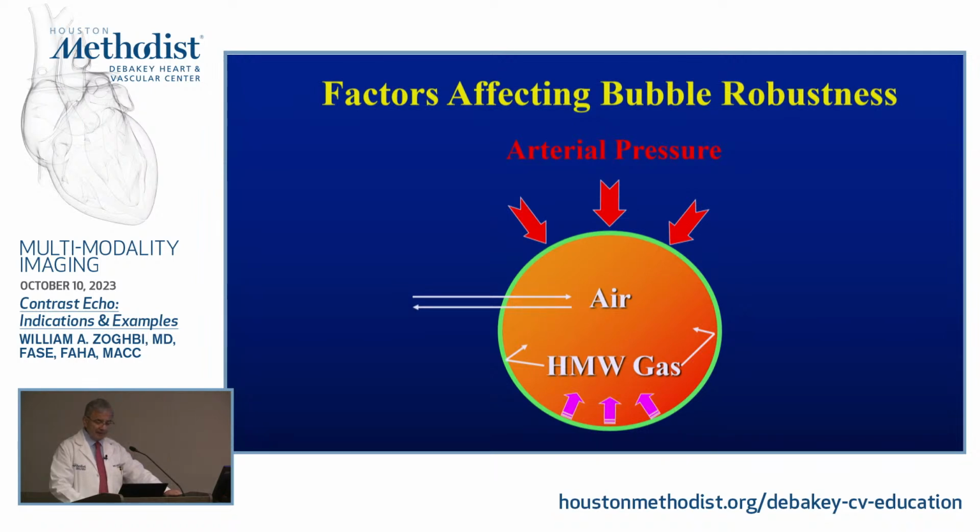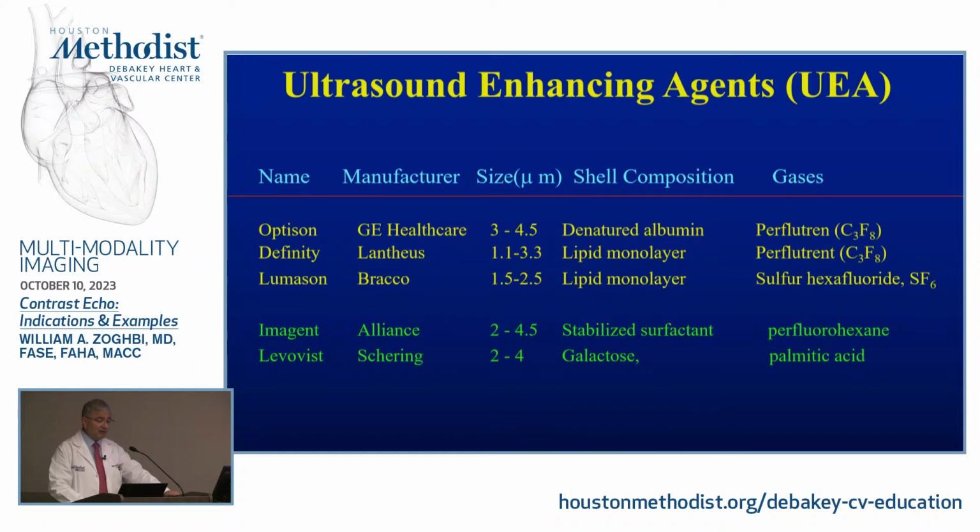I remember Albunex, the first contrast agent, which we're not using anymore, was very sensitive to pressure. So every time you have systole on the left side, contrast decreases significantly. So it was kind of bothersome, but it was a success because for the first time we were able to cross the pulmonary circulation. So the first three in yellow are the agents that are available in the United States.